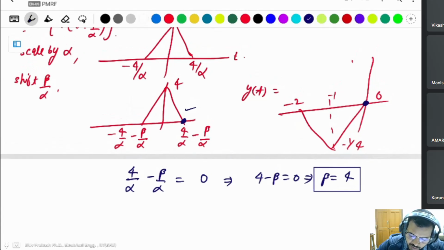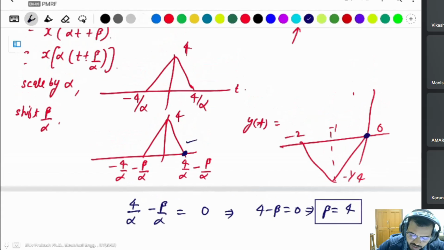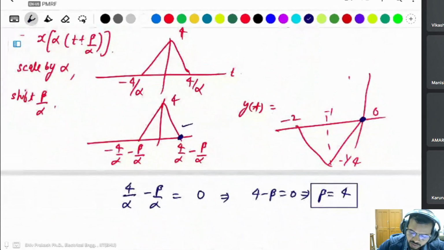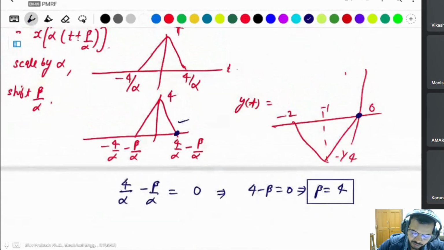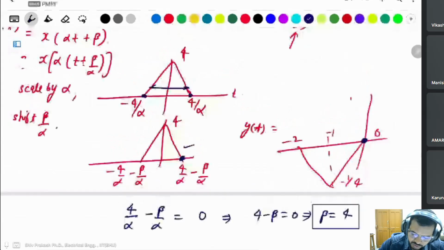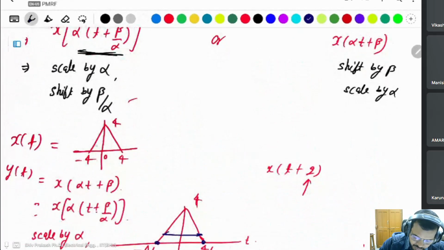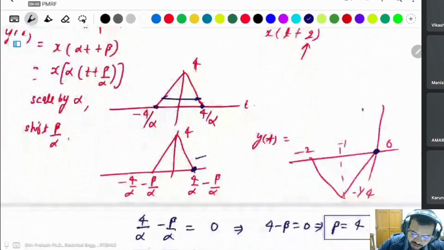Second thing, the scaling thing. What is the total width of this one? The total width of this in the question is 4 plus 4, which is 8.